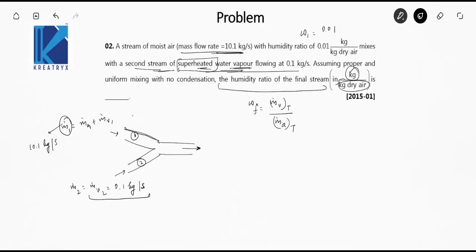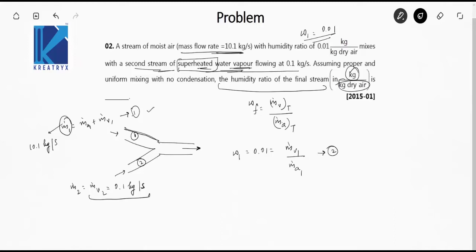The humidity ratio of the first stream is also given. Omega 1 is equal to 0.01, which is equal to the mass flow rate of water vapor upon the mass flow rate of air in this first stream. Use relations 1 and 2 to find the mass flow rate of water vapor and the mass flow rate of dry air in the first stream.